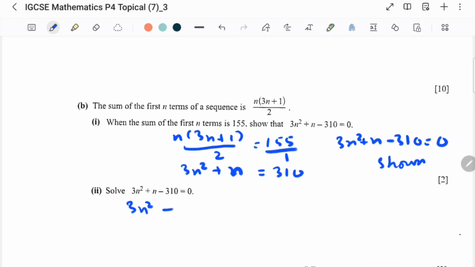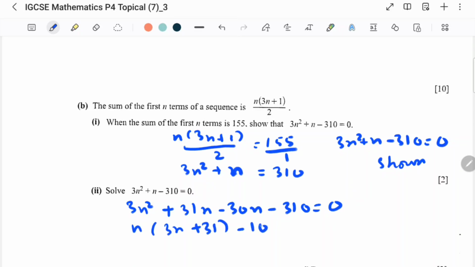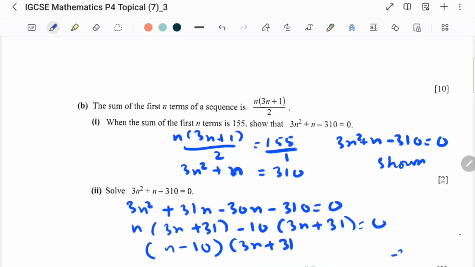So 31n minus 30n minus 310 is equal to 0. n common, 3n plus 31, minus 10 common, 3n plus 31. n minus 10, and 3n plus 31. So n is minus 31 over 3, right? You can write it as a mixed number as well, and n is 10.